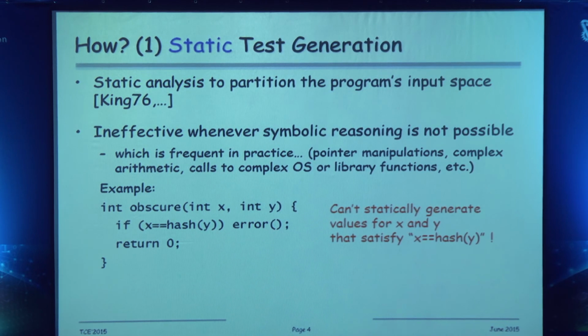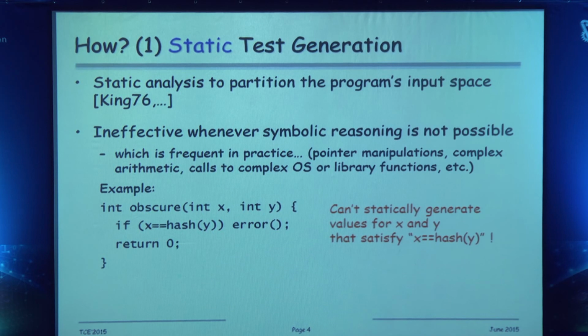Just to illustrate the problem here, especially the limitation of static test generation, let's consider this little program, which takes two integers, x and y, as input. The program tests if x equals hash of y, and then there's an error. Otherwise, there's no error. Assume hash is a very complex function, perhaps a hash function or a crypto function.